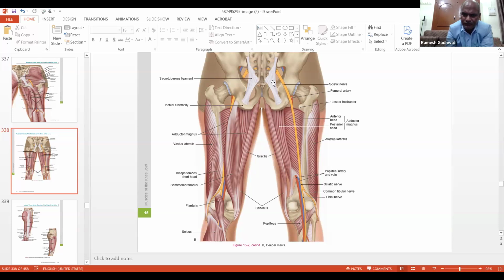In this picture, if you see, this is the sciatic nerve and it is coming down centrally. Here it divides into two parts. One is called the fibular nerve because it is attaching with the fibula and going near the bone fibula.